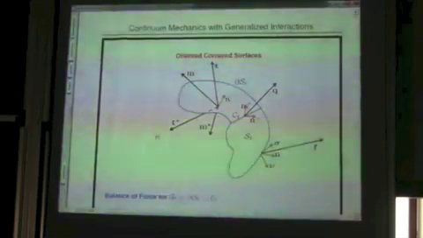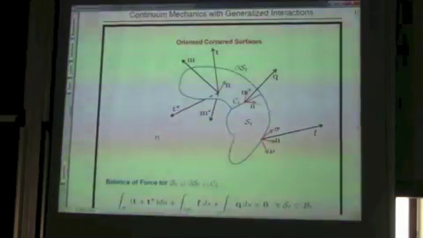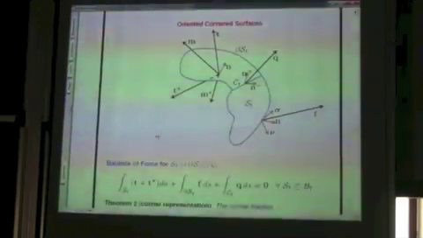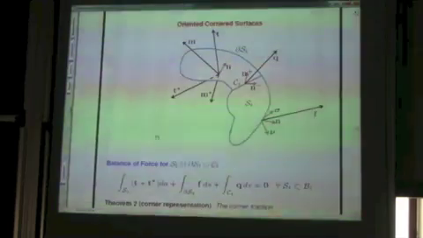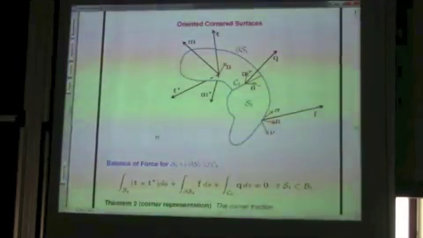So there's a balance of forces that has to hold for the union of these two things, I guess, the surface S and the corner C as an entity. So there's the balance of force. It picks up all the forces that are acting on that surface and sets it equal to 0. But we know something about T plus T star. T plus T star is minus the surface divergence of J n tangent.